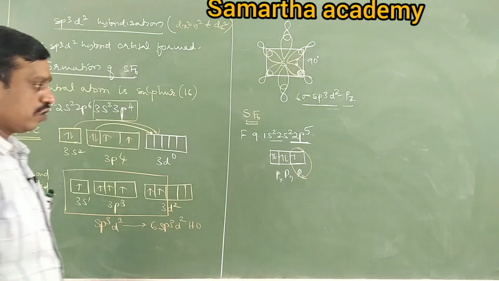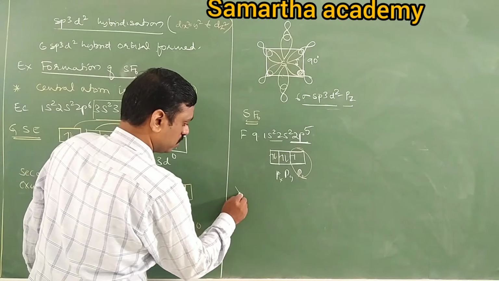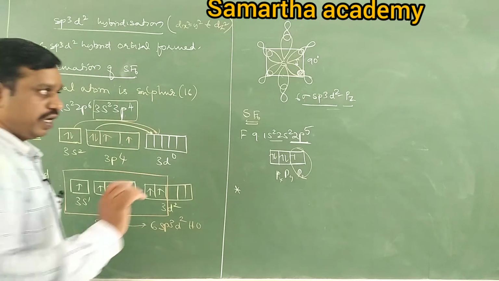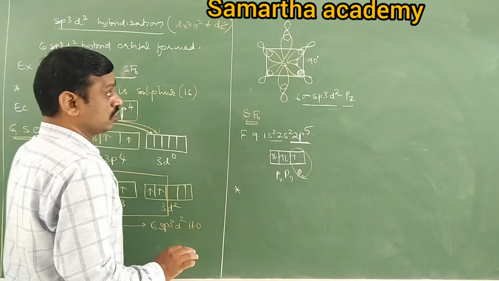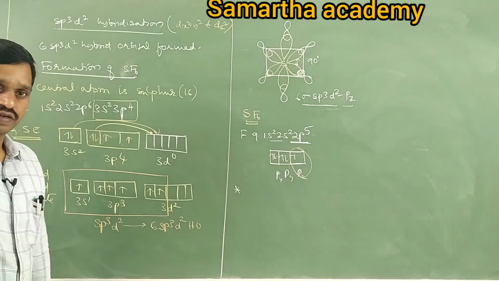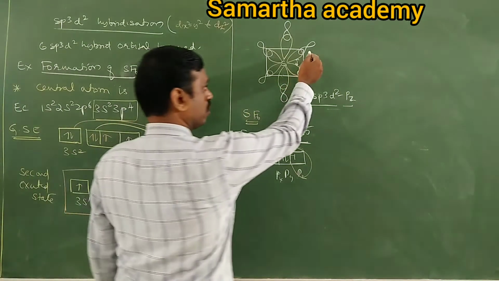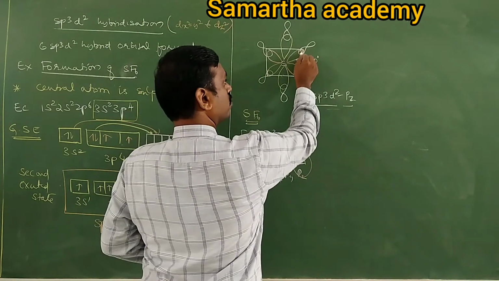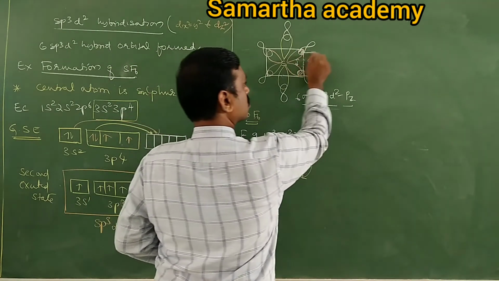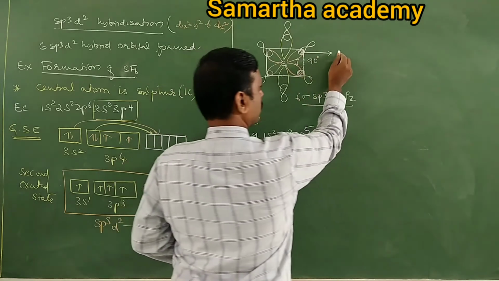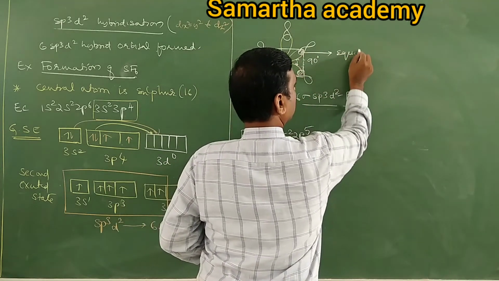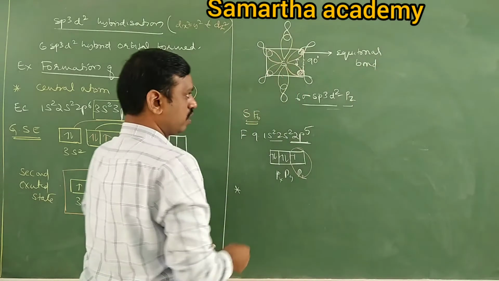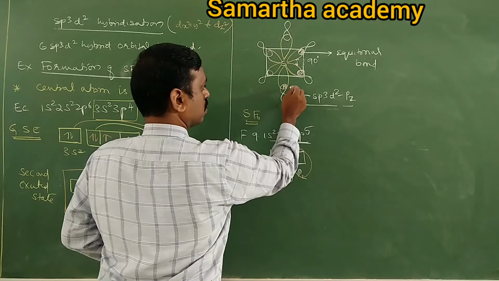Okay. Now here also we have some important points about the octahedral. In octahedral, which bond experiences more repulsion? Here also equatorial bonds and axial bonds are there. Equatorial is the bond which lies on 4 corners of the square. This is an equatorial bond. What about this?